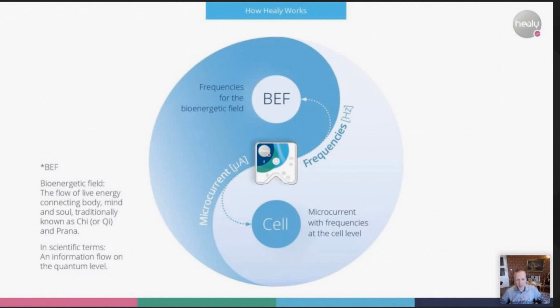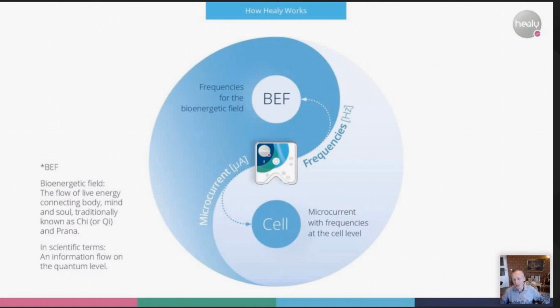One direction is the microcurrent with the low frequencies, where the microcurrent itself is more predominant. And the other is the microcurrent with the high frequencies, where the frequencies are in the foreground. They are more predominant.